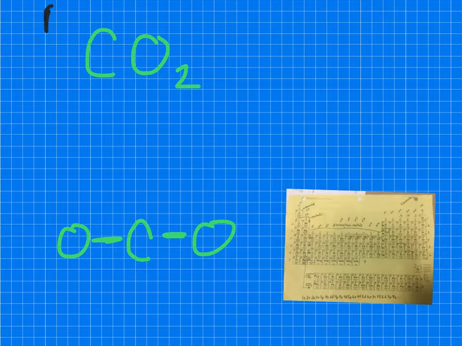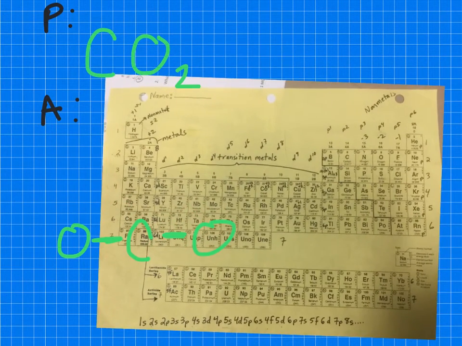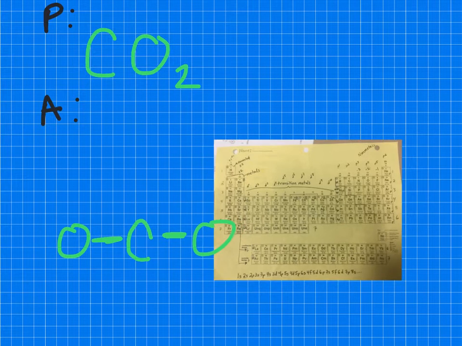And I use the letter P for perfect, and then I do A for actual, and I do the P's on top and the actuals on the bottom. The P is always a bigger number, that's why it's on top. So I go to carbon, and I look at my periodic table, and P stands for perfect. Perfect is if carbon were to gain the correct number of electrons to be perfect, it would be 8. It's almost always 8.